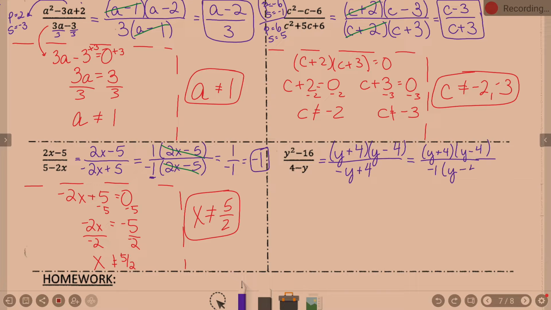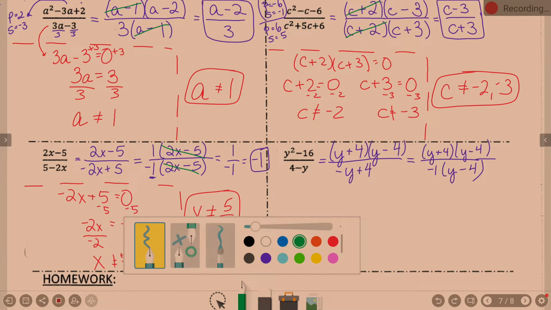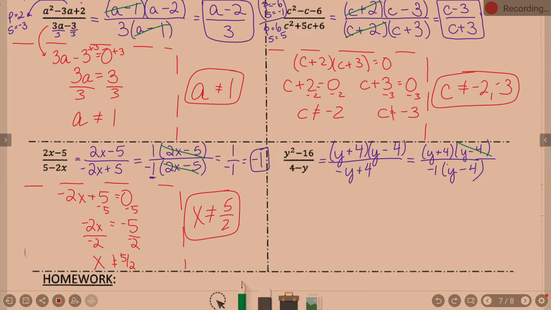Negative 4. The y minus 4 matches exactly with the y minus 4. So, what remains? On top, y plus 4. On bottom, negative 1.